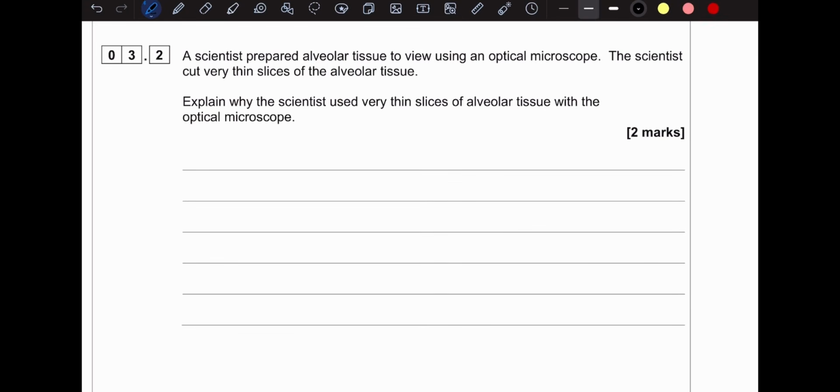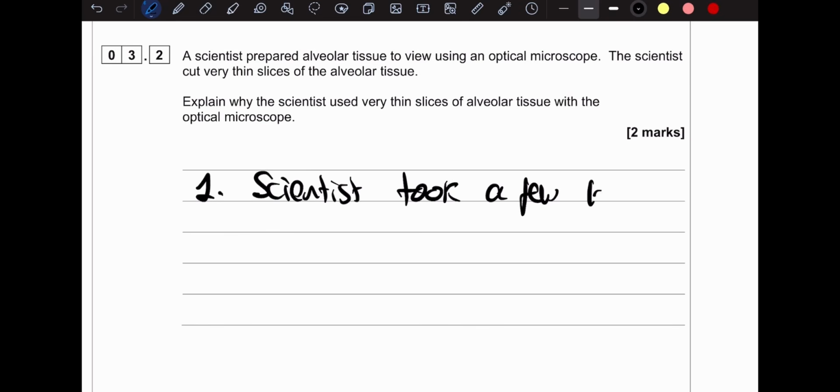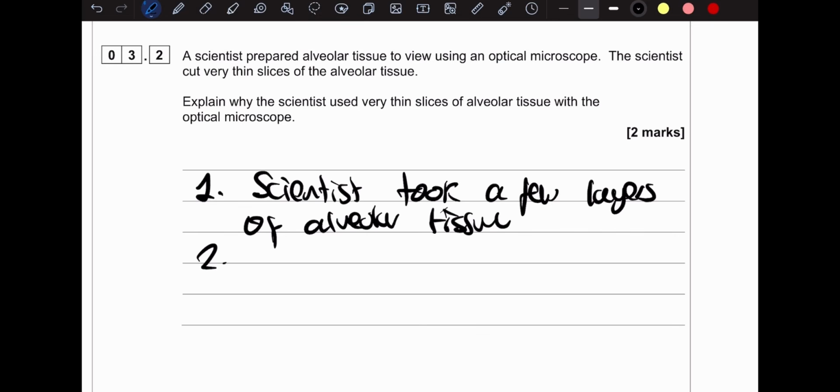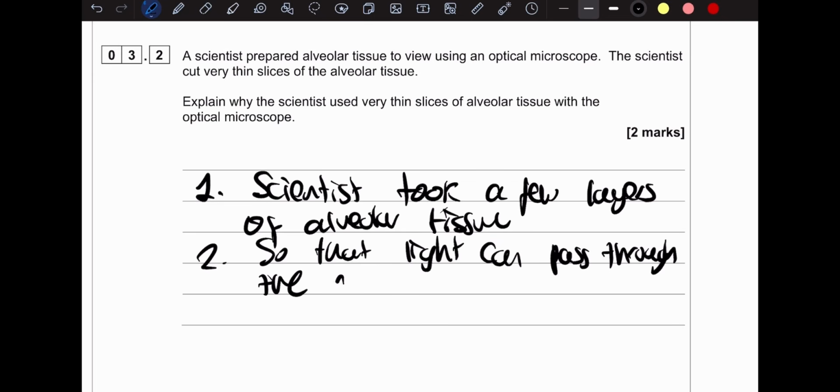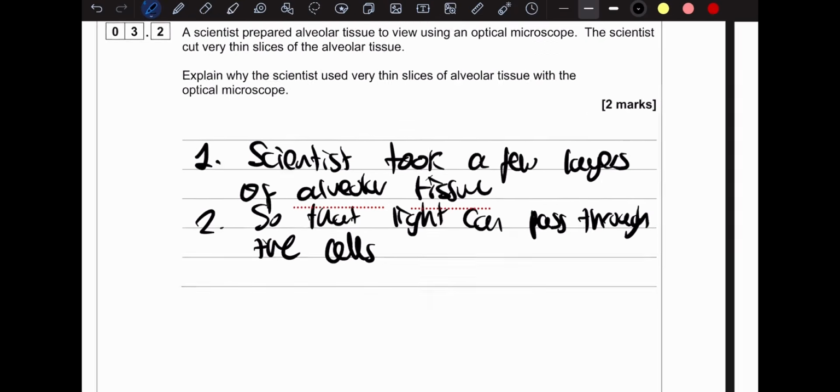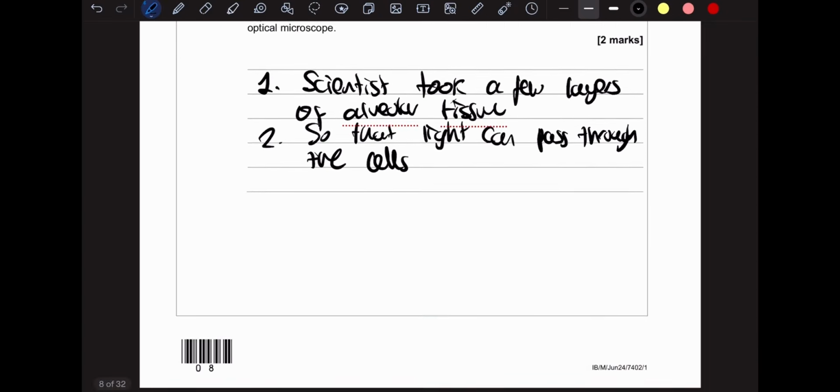So to explain why: the scientist took a very thin layer of alveolar tissue so that light can pass through the cells. It also makes it easier just to visualize what you're looking at. It's less clutter, but this is the main idea, right? There we go.